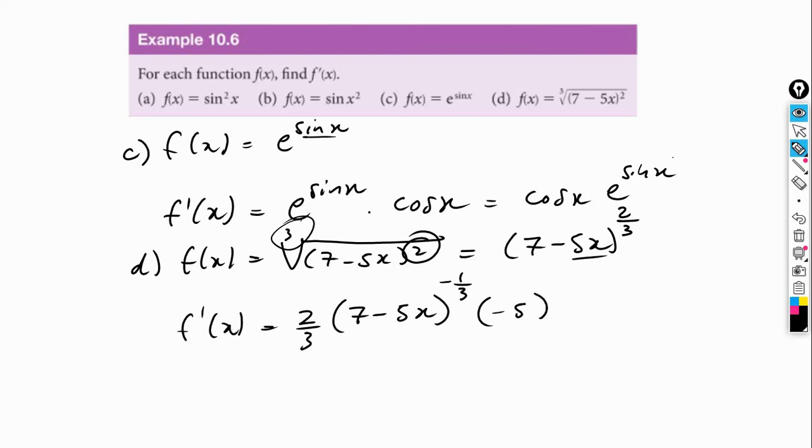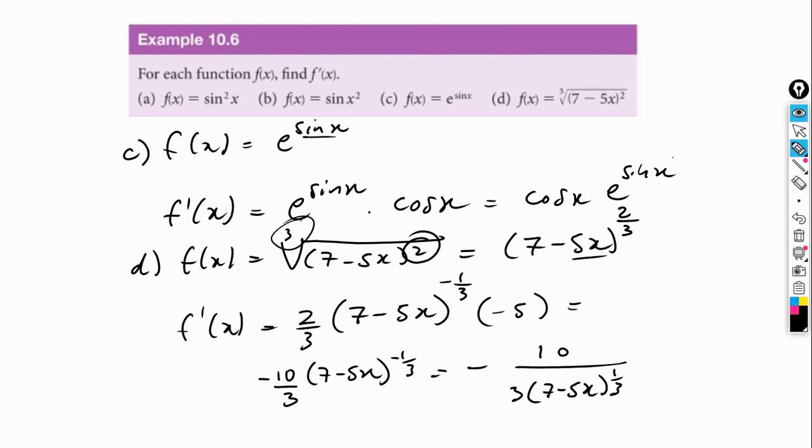And then we can rearrange this as negative 10/3 times (7 minus 5x) to the negative 1/3. And then you might find this as minus 10 over 3 times (7 minus 5x) to the 1/3 in the denominator, and this can even be rewritten as negative 10 over 3 times the cubic root of 7 minus 5x.